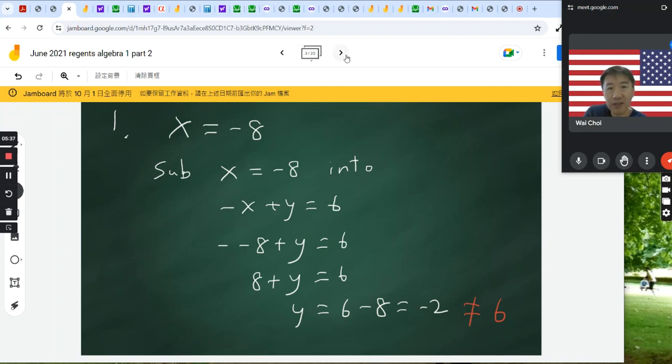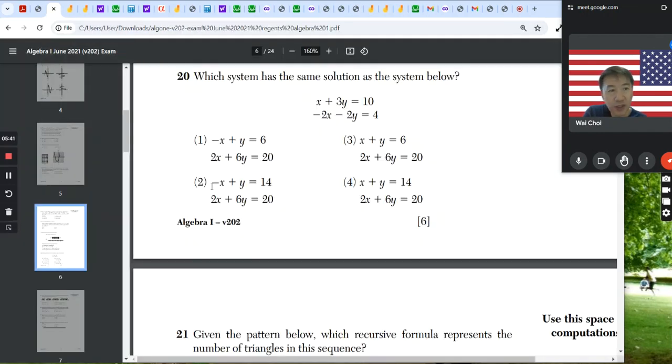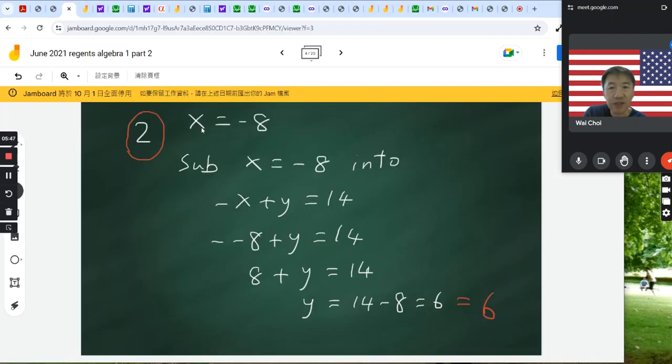All right, let's try the second choice, negative x plus y equals 14. We substitute x equals negative 8 into this one, and it's 8 plus y equals 14. So y is equal to 14 minus 8 equals 6.